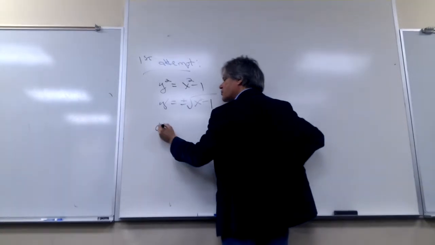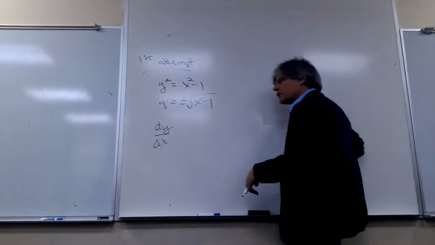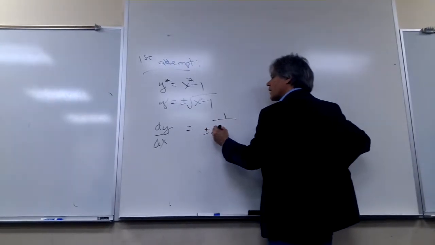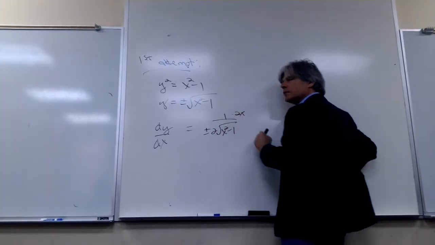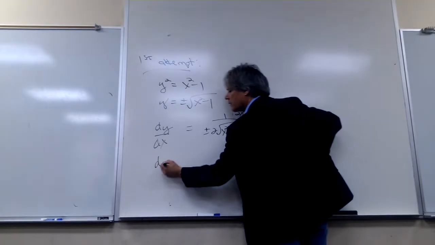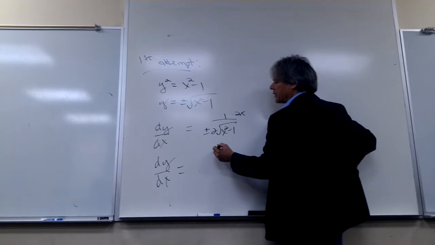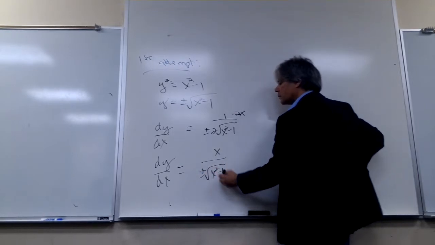Now to differentiate with respect to x, I know there's two outputs, but fine. If I differentiate with respect to x, don't I get 1 over plus or minus 2 times the square root of that stuff, times the derivative of the inside? Or shall I say dy/dx is just simply x over plus or minus the square root of x squared minus 1?